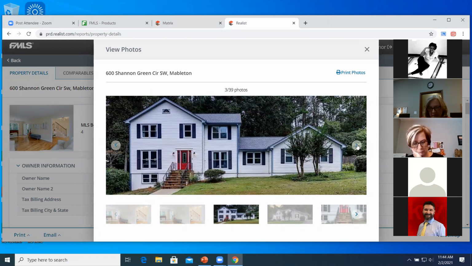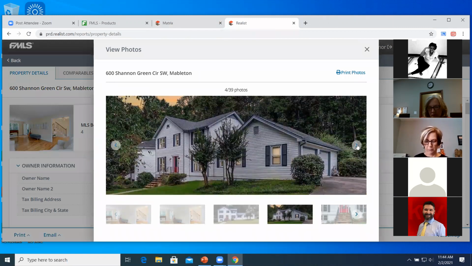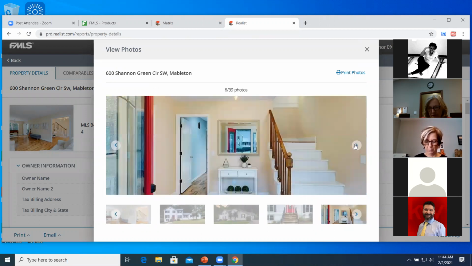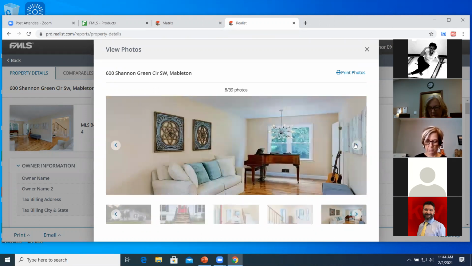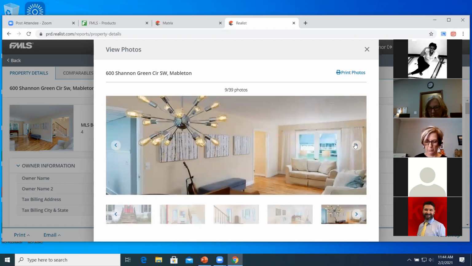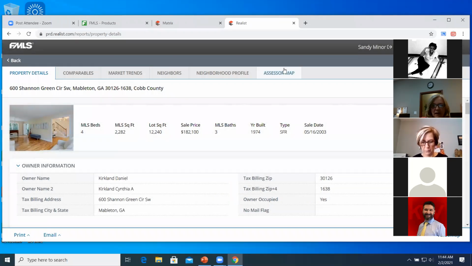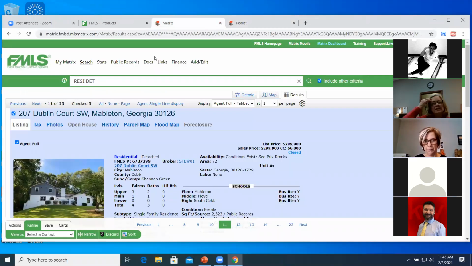Yeah, this one's more comparable than most of them that we've looked at. Like I said, this one hasn't updated the kitchen any. So you're definitely going to use this one.